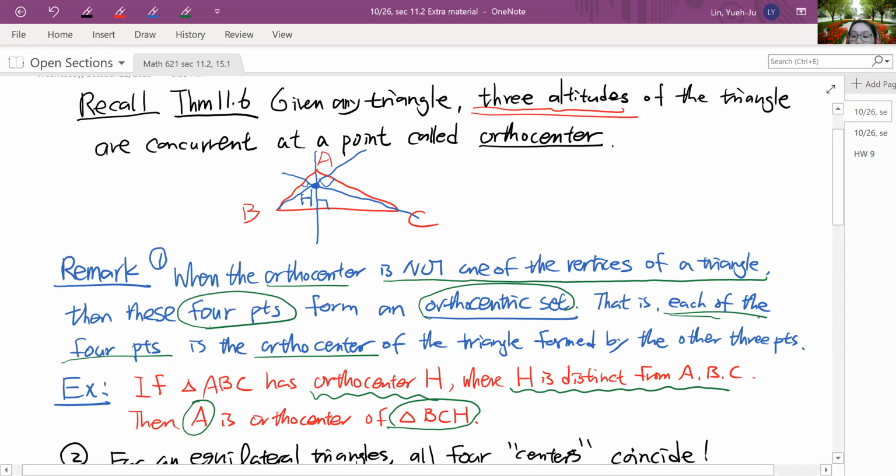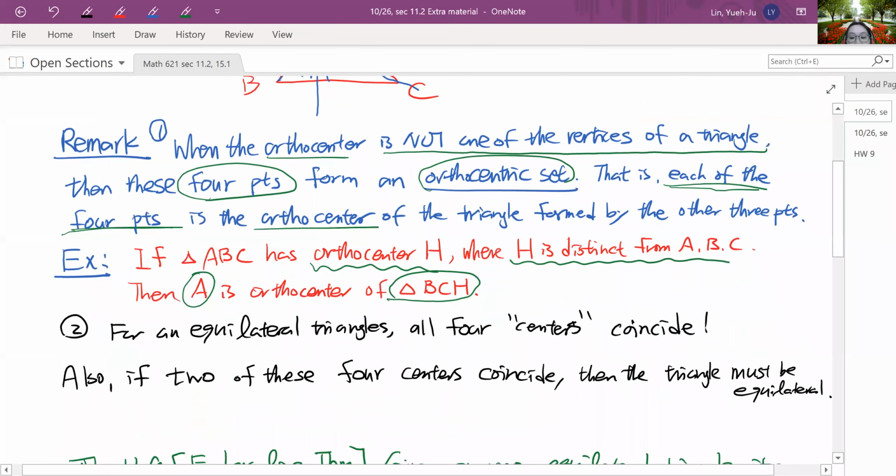So each one of those 4 points is going to be the orthocenter of the other 3. It's not hard to prove, but this is not something we would think of at the beginning. That's why we say it forms an orthocentric set. So it has a special property like this.